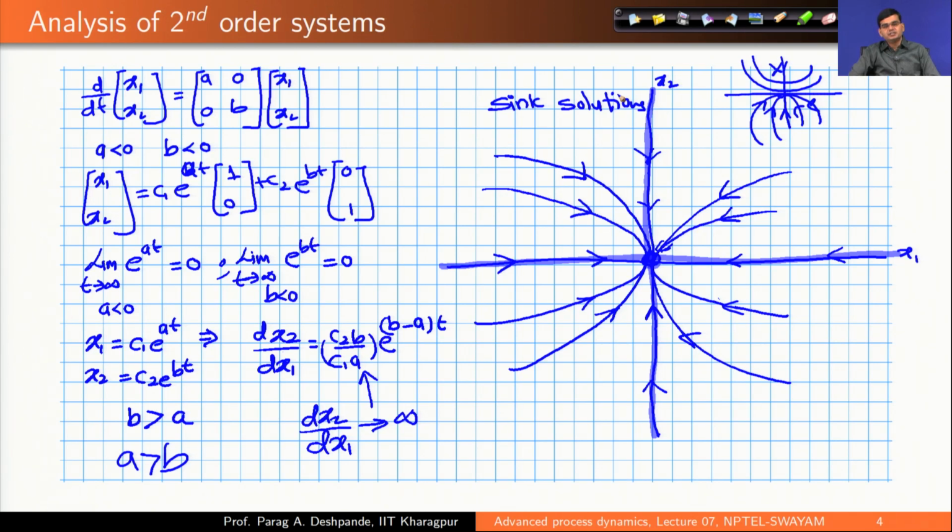You can determine the eigenvalues and eigenvectors, and for the case where the matrix is of the form [a 0; 0 b], you can determine the solutions as c1 e to the power a t (1, 0) plus c2 e to the power b t (0, 1).